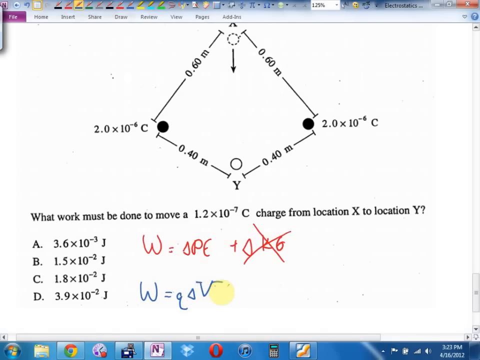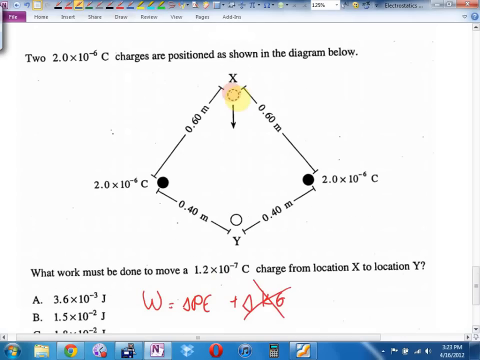And what I would do is find the net voltage right there, which is going to be this voltage plus this voltage.